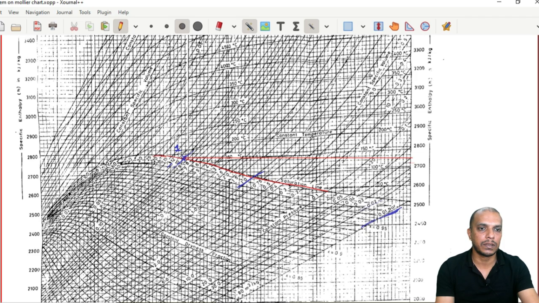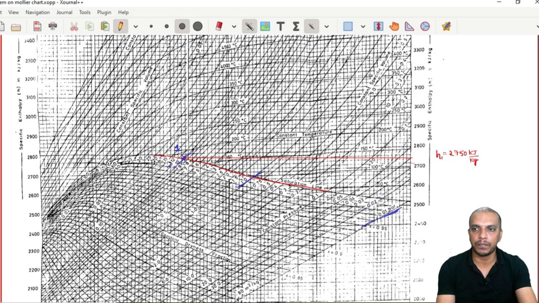There are 100 difference here and 5 divisions, so each one is 20. So, 20, 40, 50. We can write H1 is equal to 2750 kilojoule per kg. And remember, if we are solving it by the Mollier chart, it will have some reading error, which will always be there.